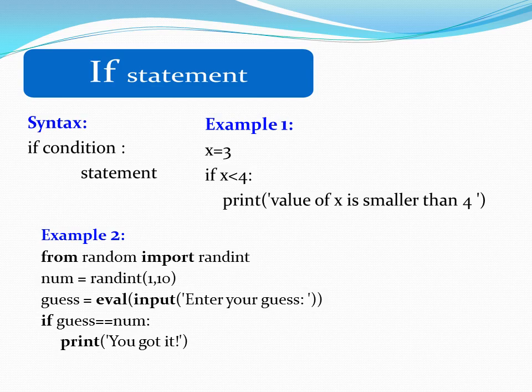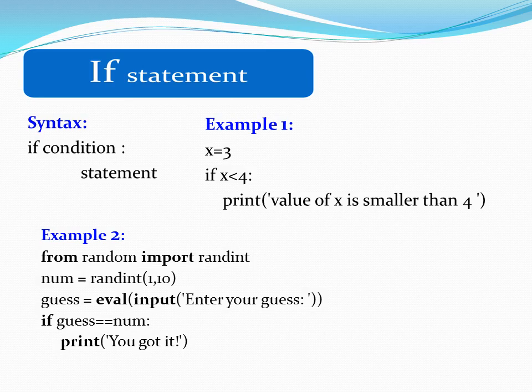You can see in the syntax and both of the examples that after the condition there is a colon symbol, no brackets are being used around the condition, and the statements related with the if, when the if statement is true, that are going to be executed are indented and placed after some space and not in alignment with the if statement.